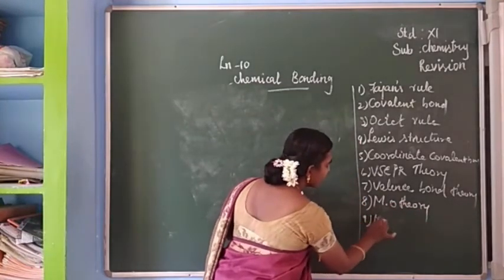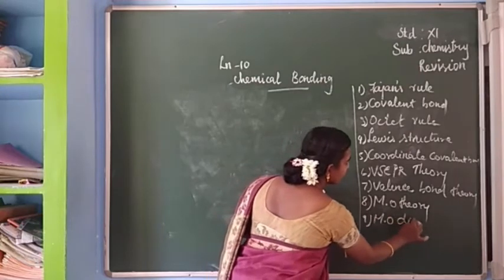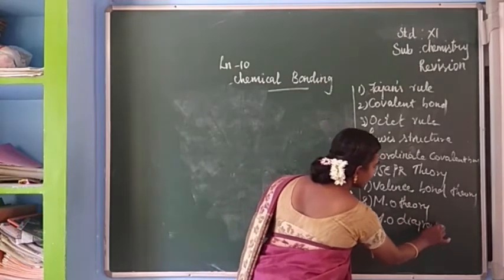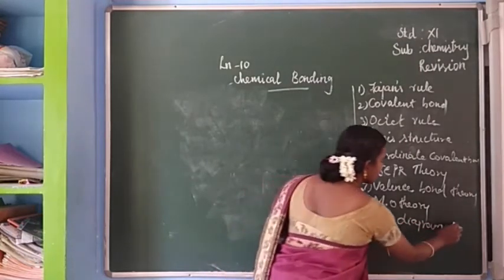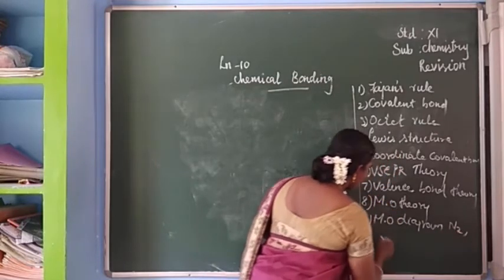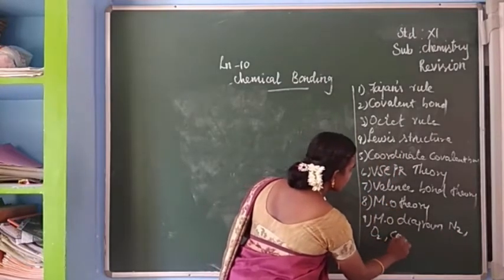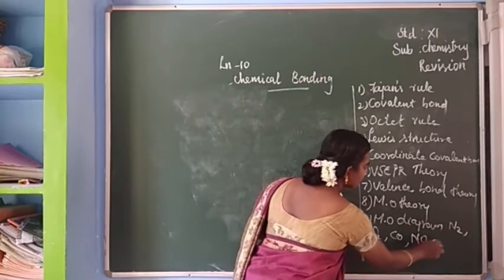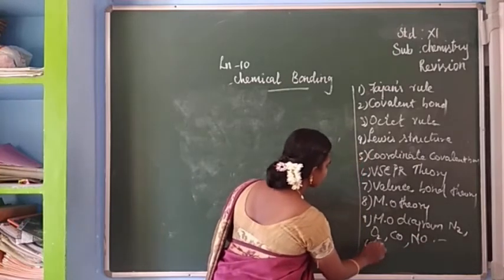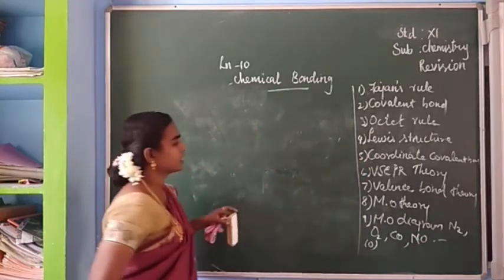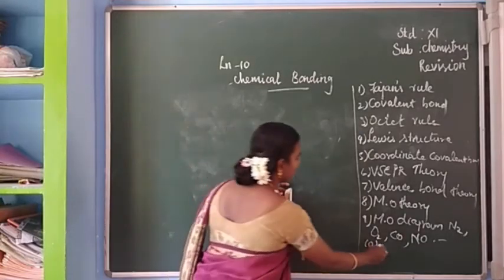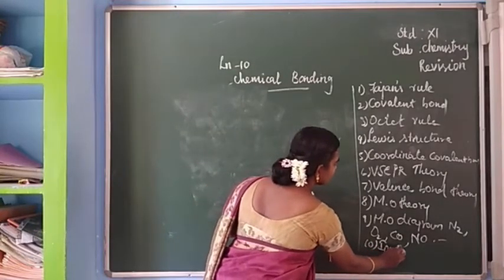MO diagrams for molecules you have to learn: MO diagram for N2, O2, CO, NO. For these molecules also we have to study. Next, ionic bonds.